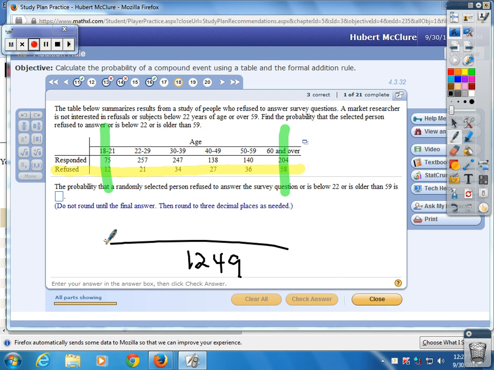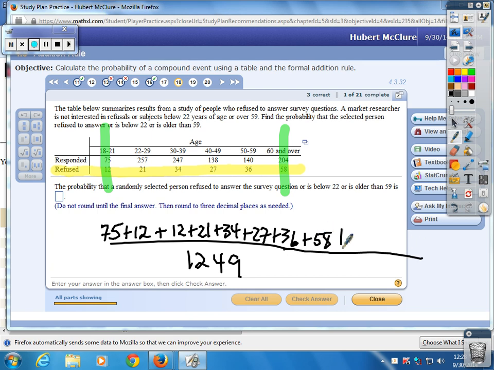And now you just add up all the numbers. 75 plus 12 plus 12 plus 21 plus 34 plus 27 plus 36 plus 58 plus 58 plus 204. And then minus the overlap. Well, we're going to add the two overlaps. 12 plus 58 is 70.